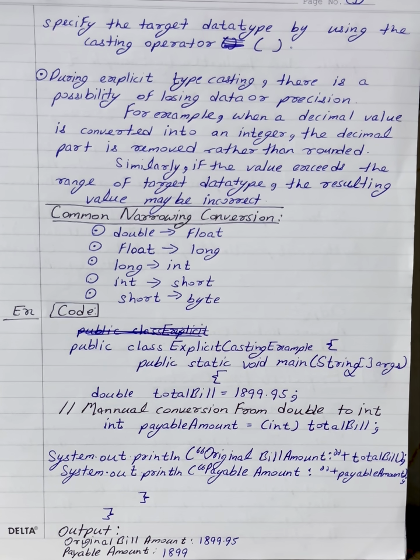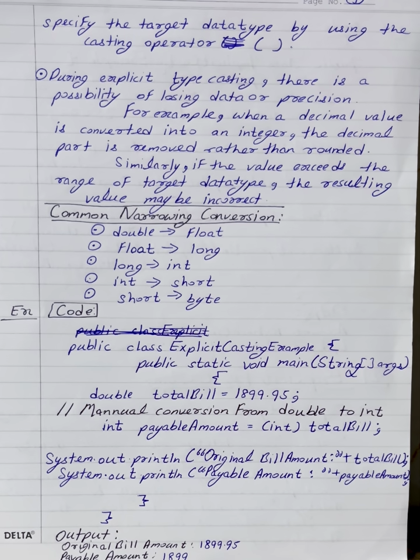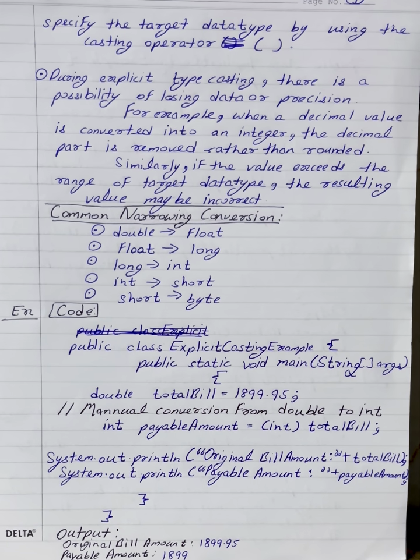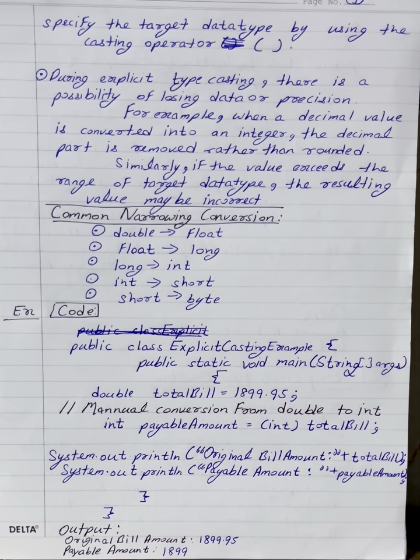However, the store wants to print only the whole number amount on a promotional coupon. And in this situation, the double value is explicitly converted into an int, which removes the decimal part and displays only the whole number value. I think now you get it.